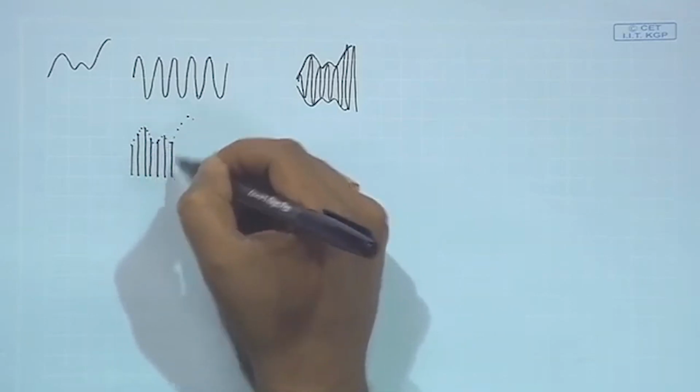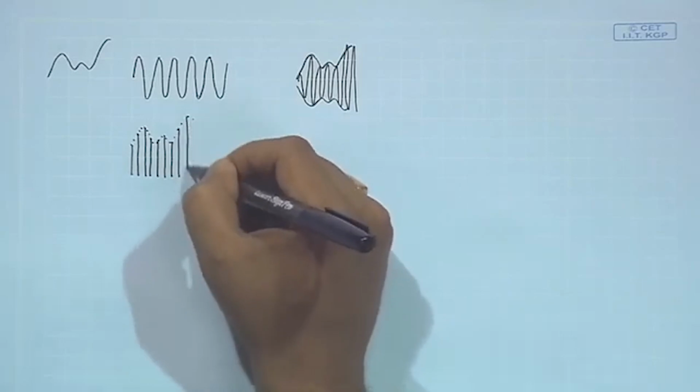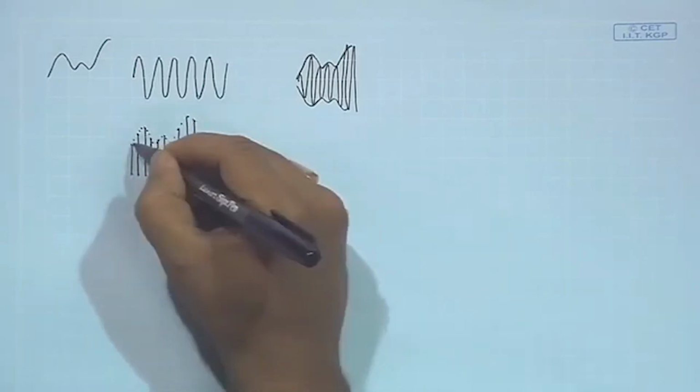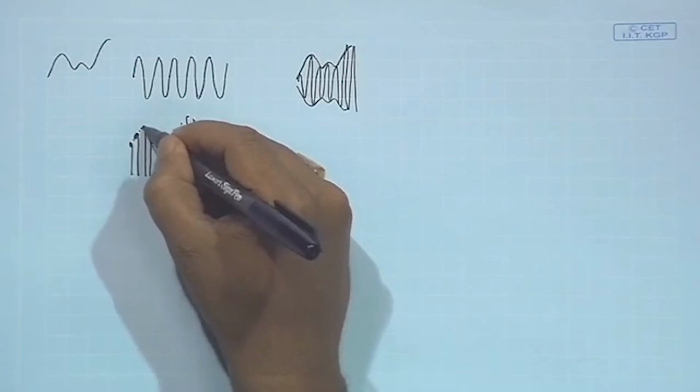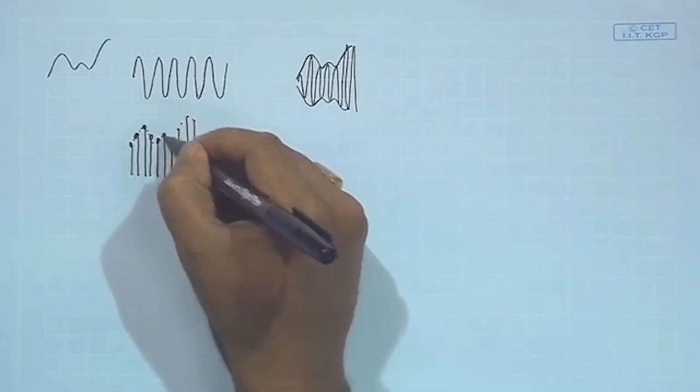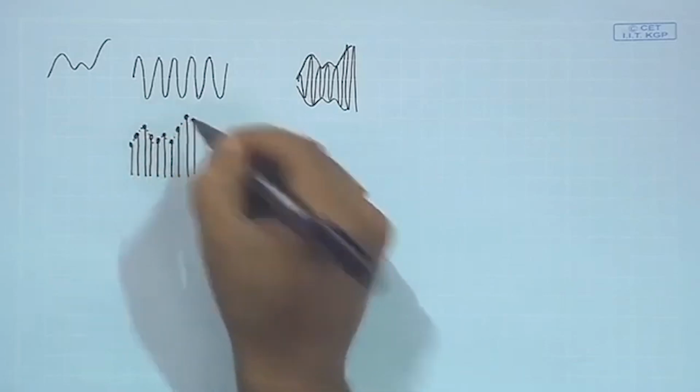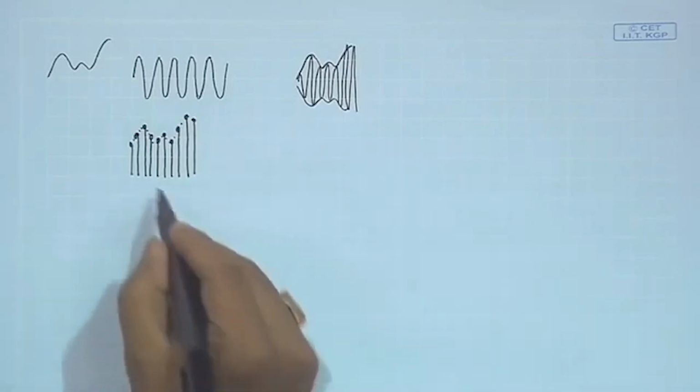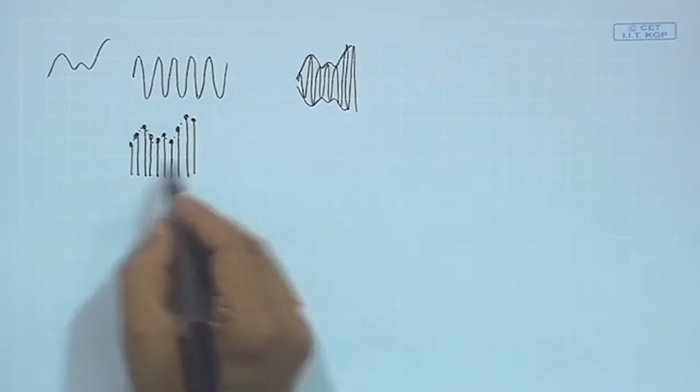So, let us imagine that these are the samples, right, and then these pass through a quantizer.